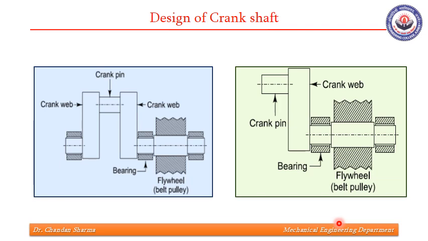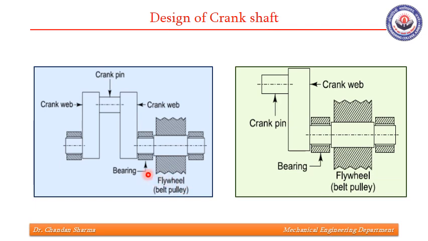So when we talk about the design of crankshaft, what actually we are supposed to do is determining dimensions of this crank pin, that is its length and its diameter, then dimensions of this crank web, that is its thickness and its width, length and diameter of these bearings 1, 2 and 3, and then the diameter of this shaft which carries a flywheel cum belt pulley.